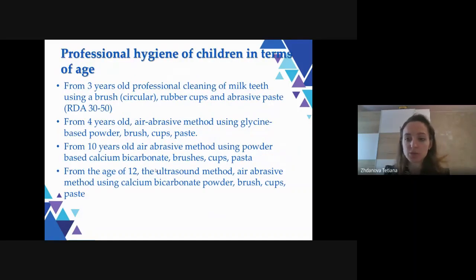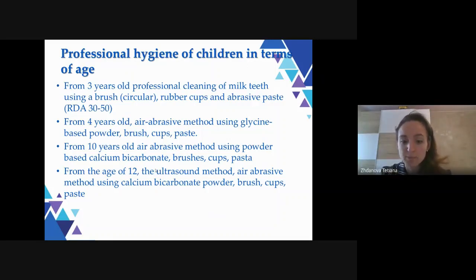Professional hygiene of children: from age 3, we use a brush, circular area, rubber cups, and abrasive paste. RDA in this paste needs to be from 30 to 50. Then from 4 years old, the abrasive method using glycine-based powder, brush, cups, and paste.